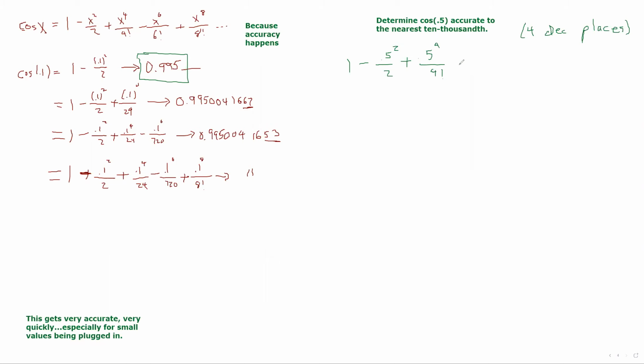Let's just figure out what this is equal to for starters. No, actually, you know what we're going to do? We're going to make a table. Let's do this with a table. So n, the nth term. So when n is equal to 0, we have 1.